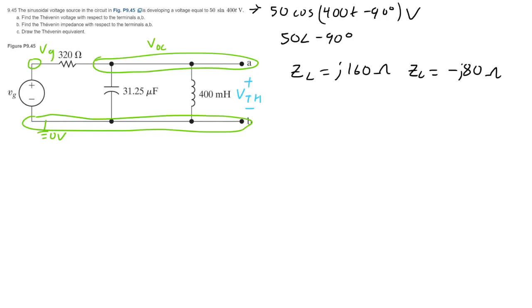Now, we can find a parallel combination. I'll call that Z1. That'll be ZL parallel with ZC.